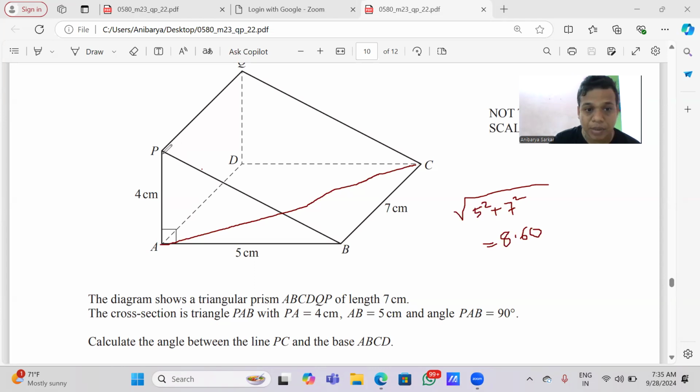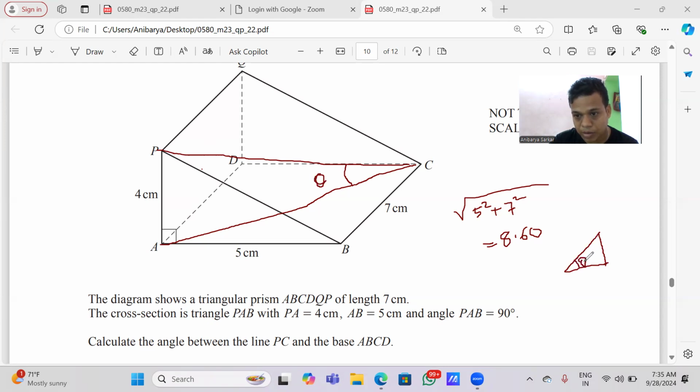Now, PC makes the angle with base. So PC means this one. My drawing is not too good, but I am trying. This PC. Okay. So what do we have to find out? We have to find out this angle. So the actual picture is this picture. This angle is theta.